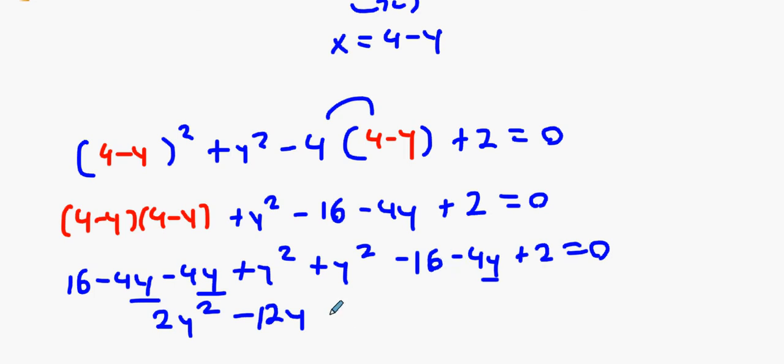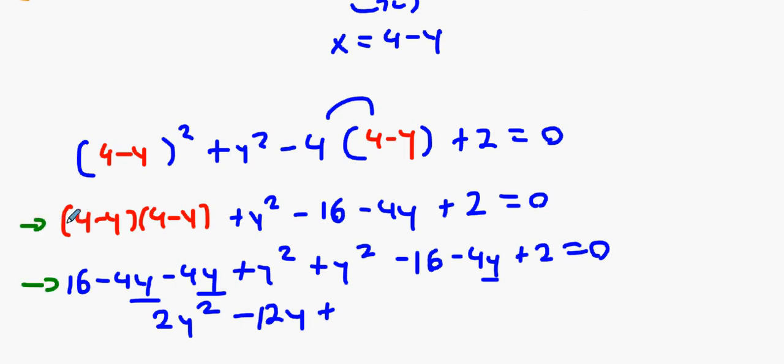16, take away 16, just a plus 2 at the end, is it? Plus 4. Is that correct? Did I make a mistake? Where's the mistake? Here? This line?